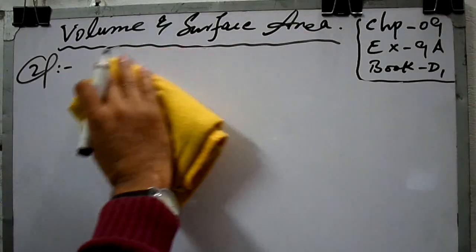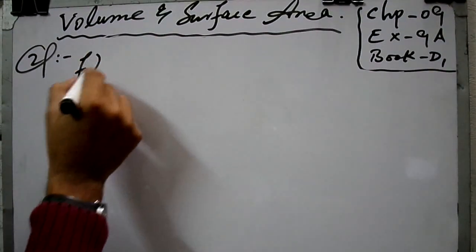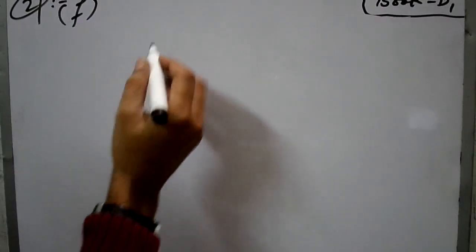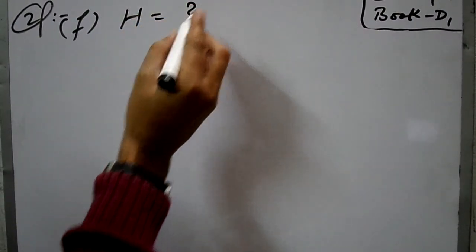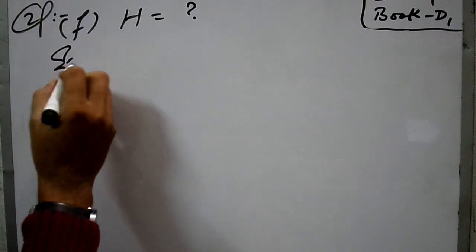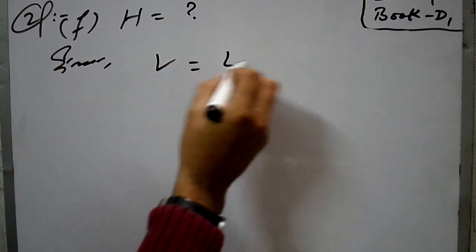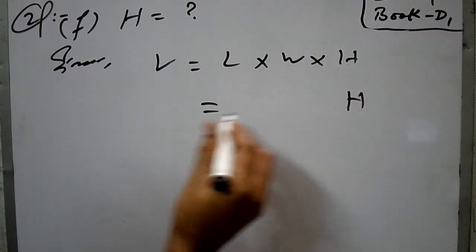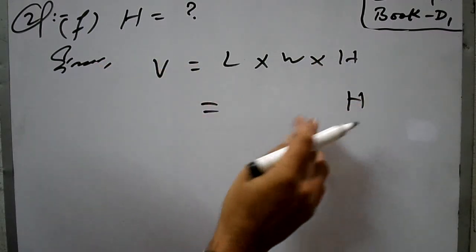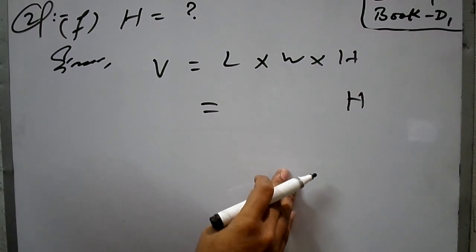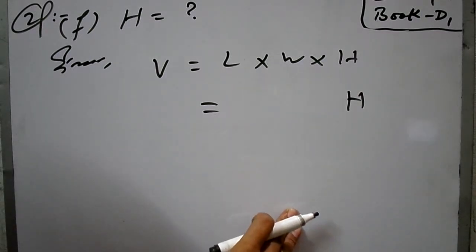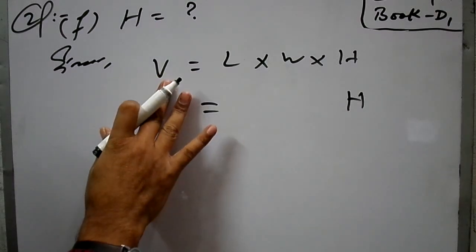Similarly, in F part, we have to find height. Now we have to find height once again. So since we have a formula that is volume is equal to length into width into height, so you have to find height. Okay, the surface area is given to us, but the volume is not given to us.